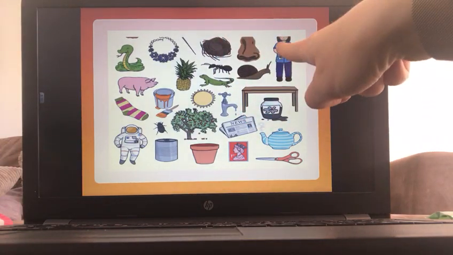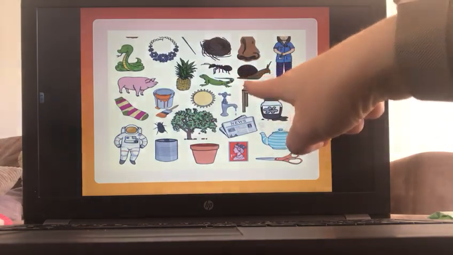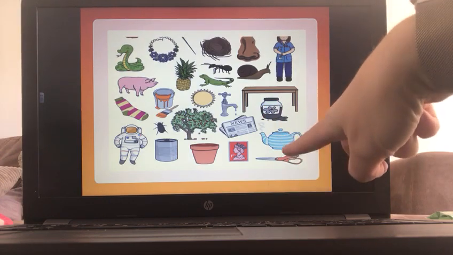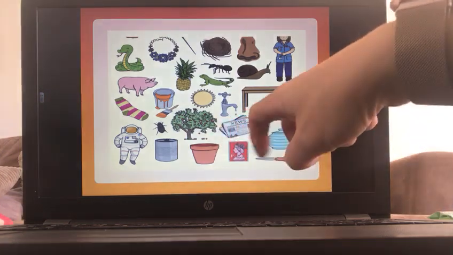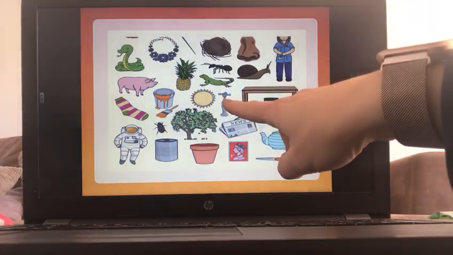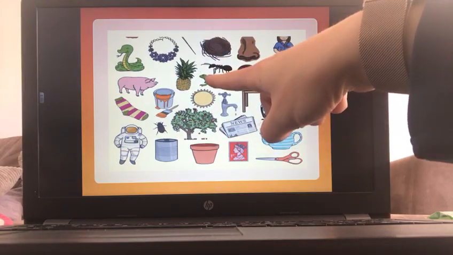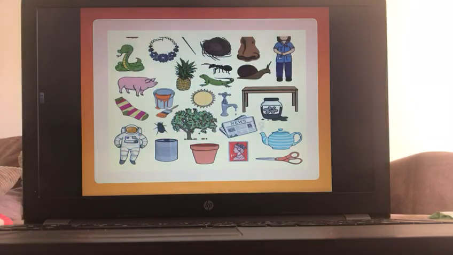Nose, nurse, snail, ant, table, ink, teapot, scissors, stamp, pot, paper, tap, tree, sun, and newt. And pineapple. We've got pineapple. So I think that's all of them there.